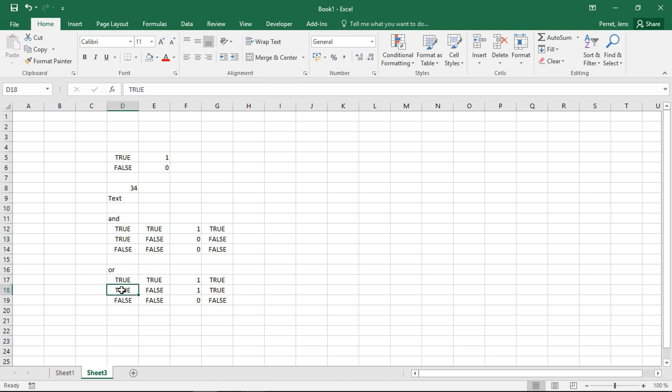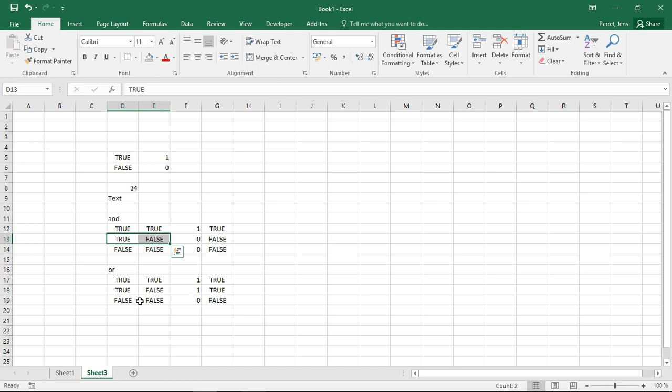For OR, test: is this true or is this true, or both? Well, if this is true and this is false, I will get a 1. If this is false and this is true, I will also get a 1. So those cases behave exactly the same as if they were switched, if this were false and this were true.